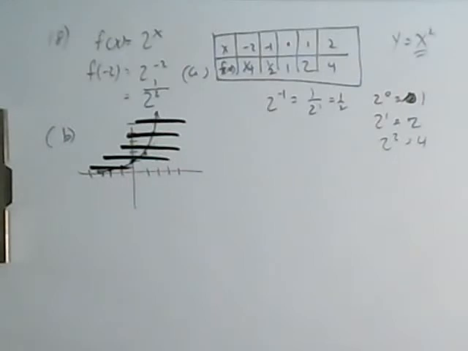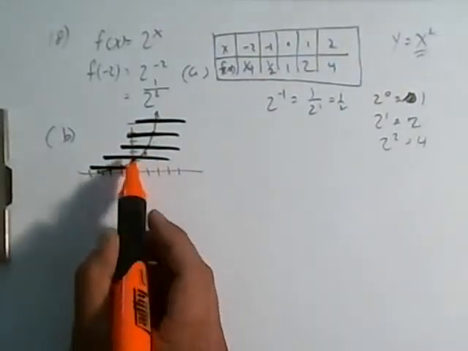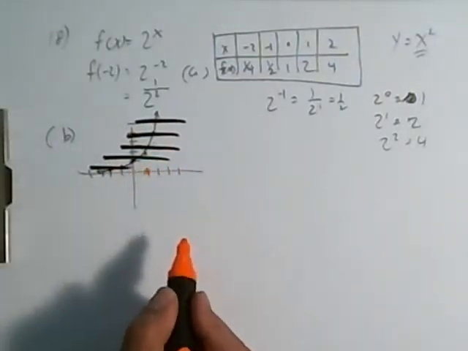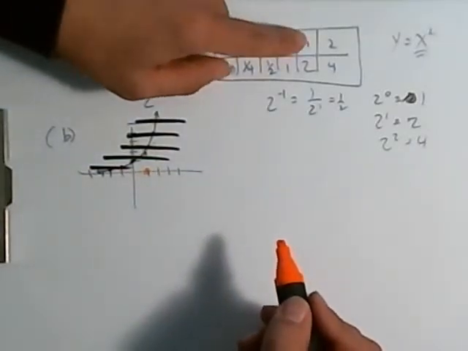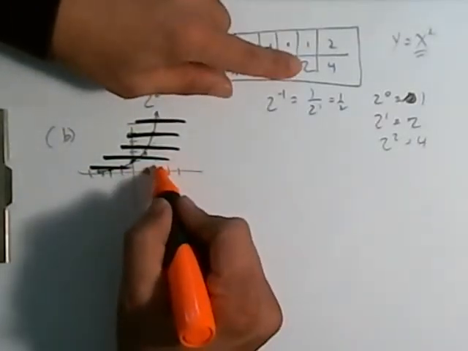Graph f inverse of x on the same set of axes. So we're going to try to draw that with a different color pencil this time. Let's use, I don't know, orange. At (0, 1), it becomes (1, 0). At (1, 2), it becomes (2, 1).